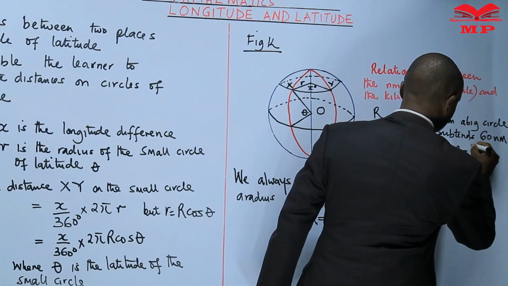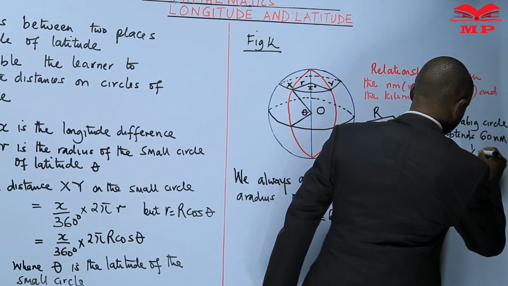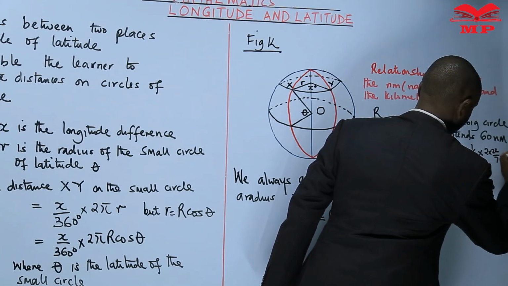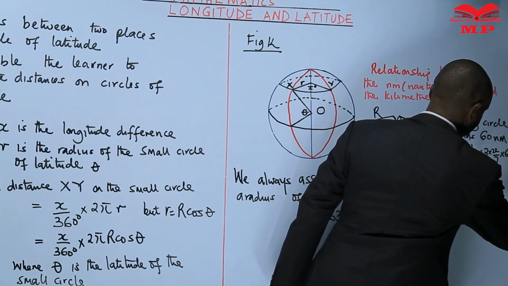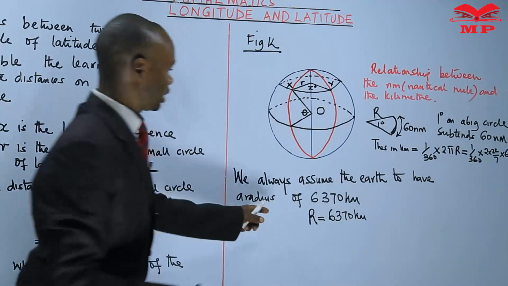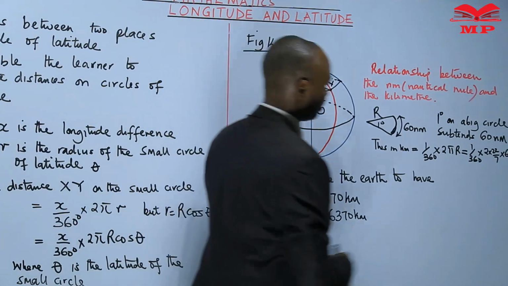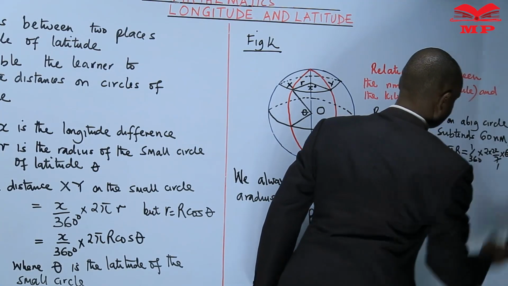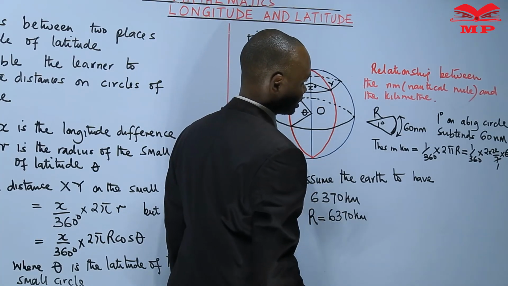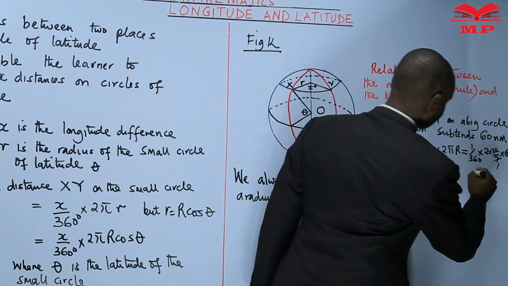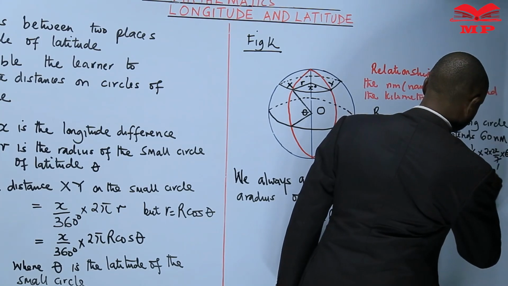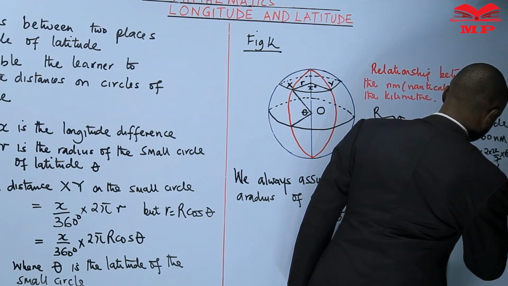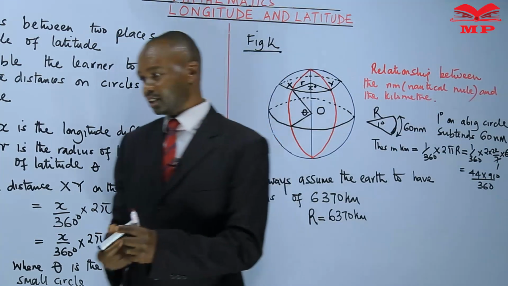So this comes to 1 over 360, taking pi to be 22 over 7, times 2 times 22 over 7 times 6,370 kilometers, which is the radius of the earth. 7 goes into 6,370 910 times. So we have 44 times 910 over 360.